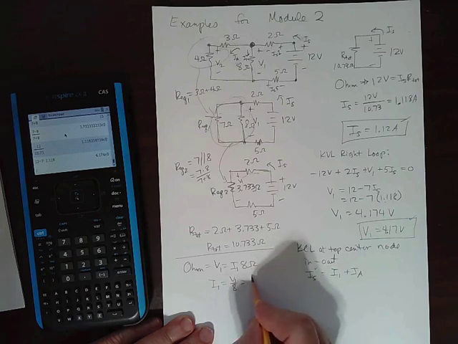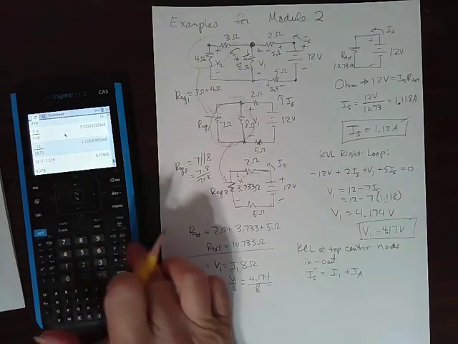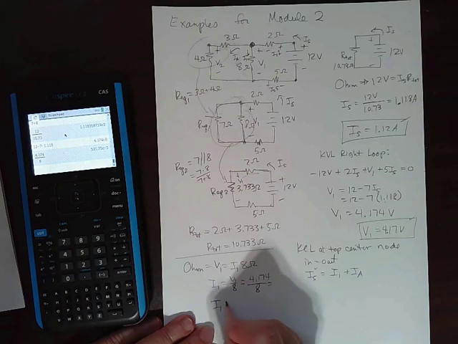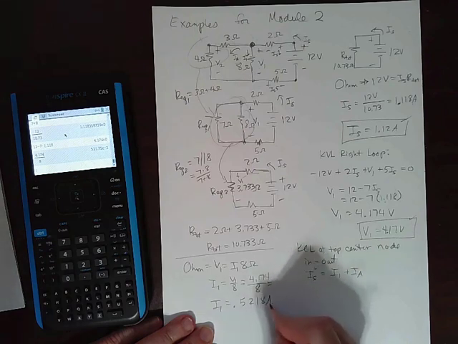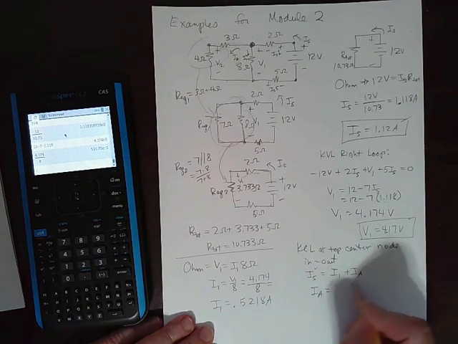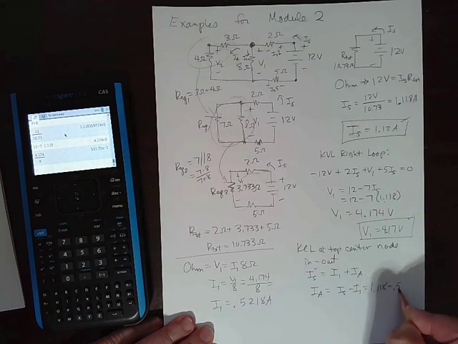And V1 is the 4.174 over 8. So I1 equals 0.5218 amps. All right, so IA is IS minus I1, is 1.118 minus 0.5218.